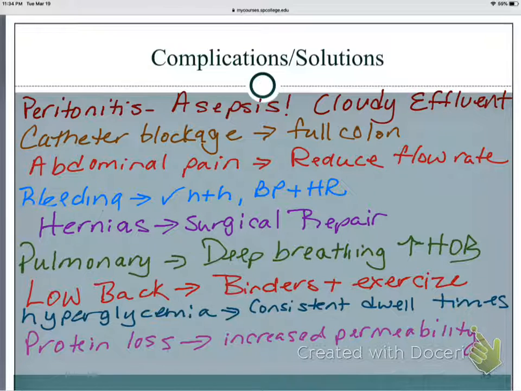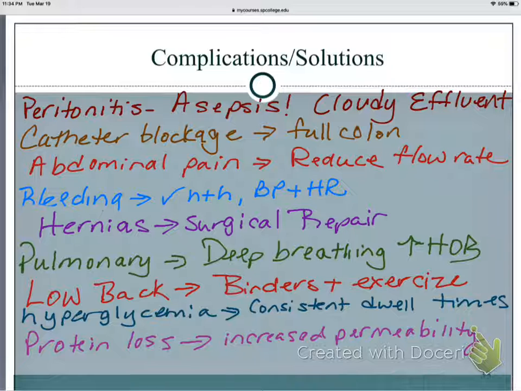So solutions we already kind of talked about, but real quick, peritonitis, we're going to make sure we're aseptic. Watching for a cloudy effluent. Sometimes if a patient is very constipated and they have a full colon, that can block the catheter. So sometimes we can give them a laxative as well to resolve that problem.